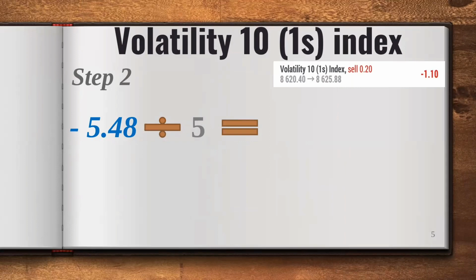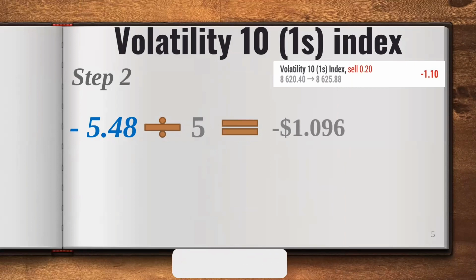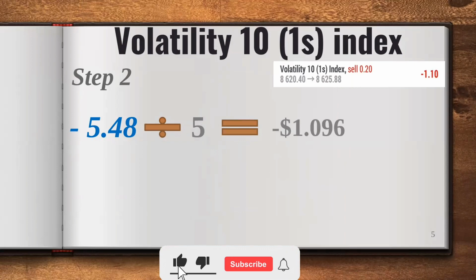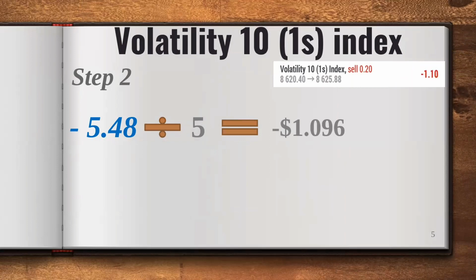You will get your value to be 1.096, which upon rounding off, you will get negative 1.10. The value comes as negative as you can see the trade ended up in a loss.